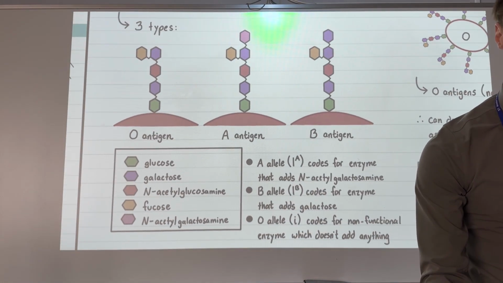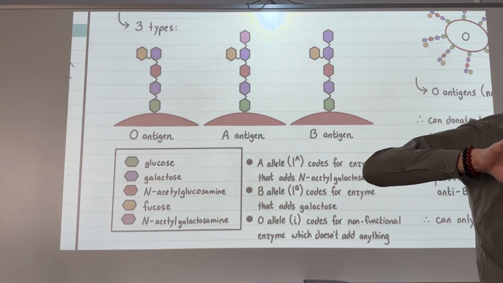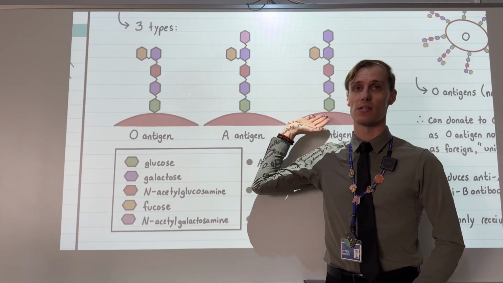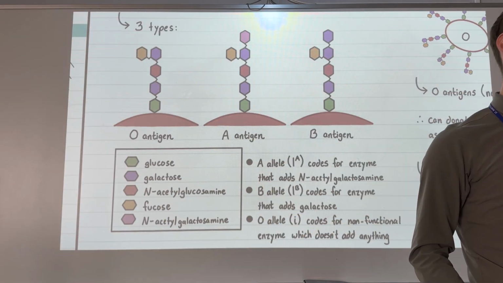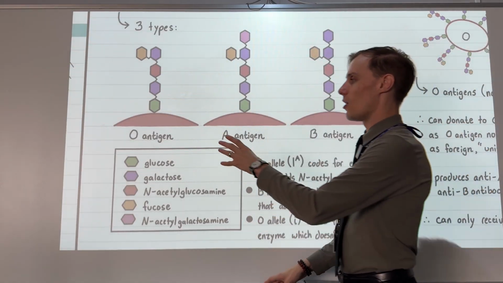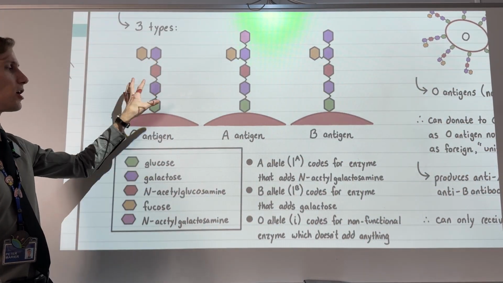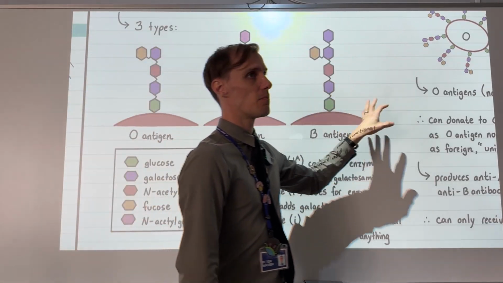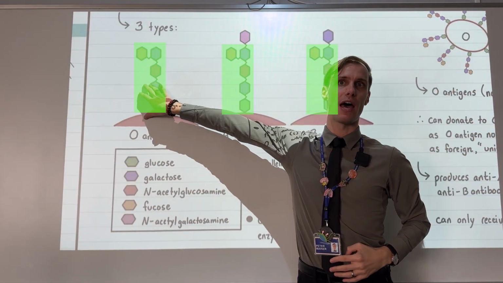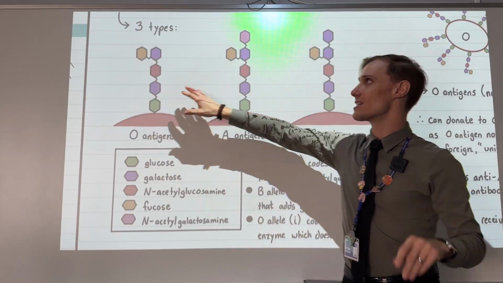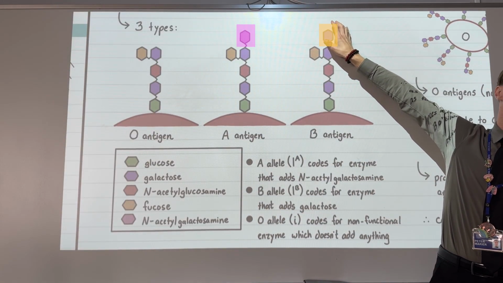Now, this is extra. You do not need to know this, okay? This is just more if you're curious as to the structure of these. This is the true structure. Notice that the differences are very, very subtle. Now, if you also notice a pattern here, look at the base structure of the O antigen versus the A and B. The A and B have the exact same portion of that O. The only difference is that they have an extra different carbohydrate on top.